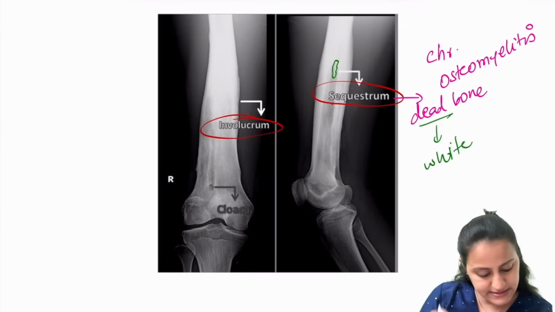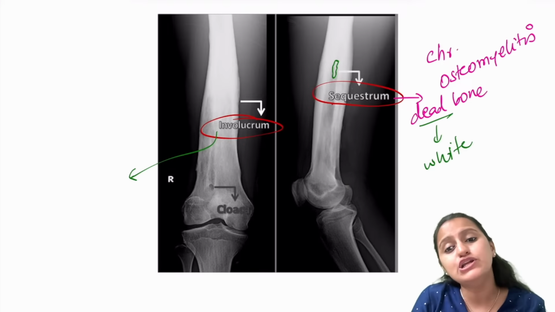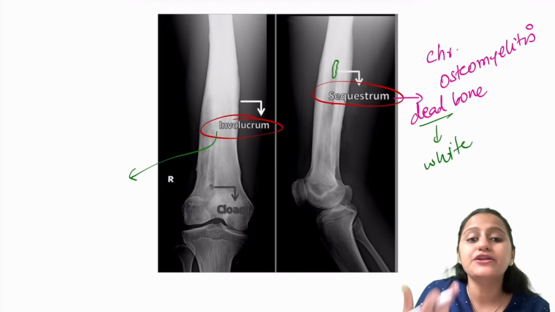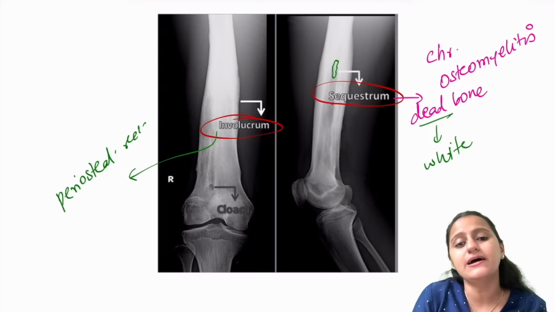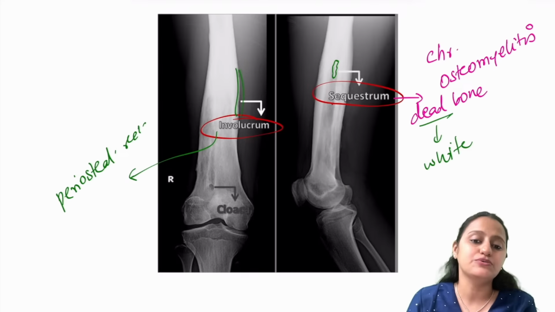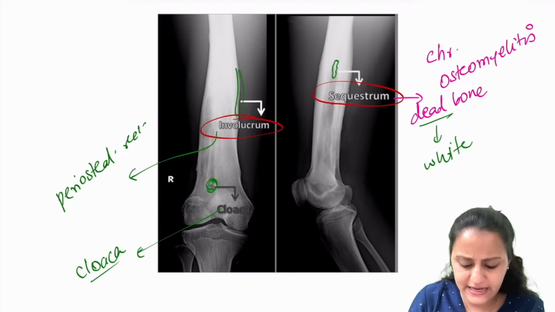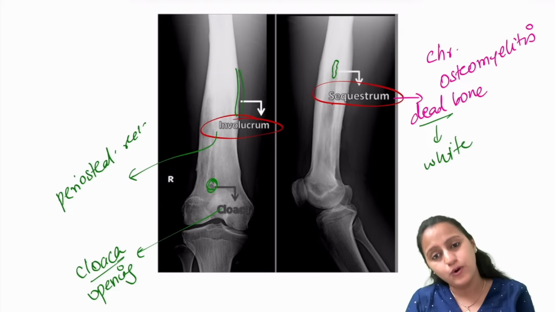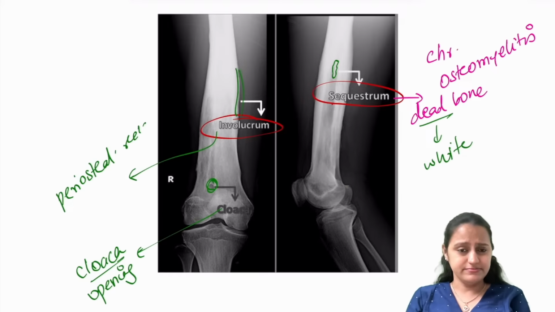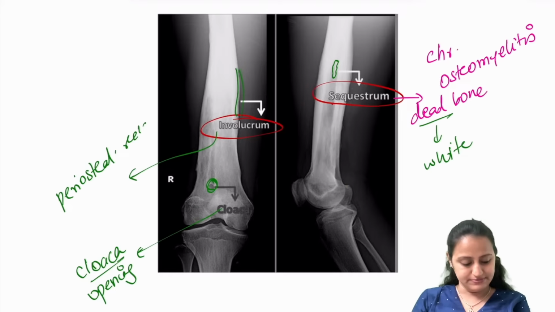That is sequestrum. Involucrum is the healing, the new bone, the periosteal reaction which takes place. And what is the cloaca? Cloaca means the opening. So remember, in osteomyelitis, the bone has a very dirty appearance.